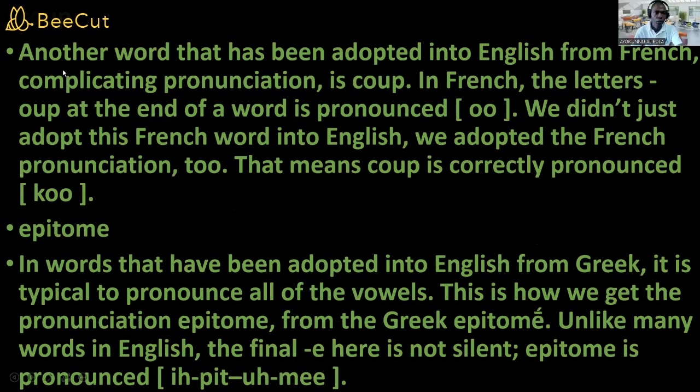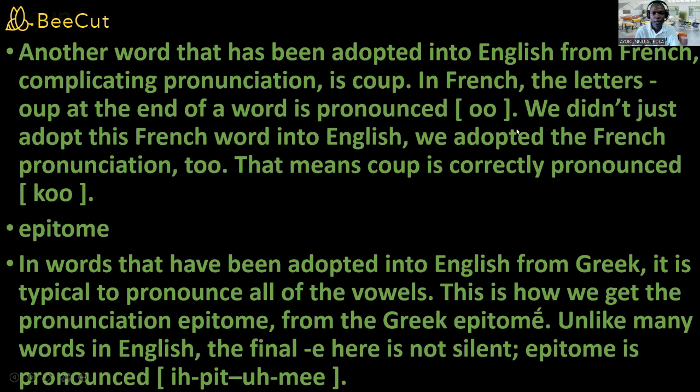Yeah. Another word that has been adopted into English from French, complicating pronunciation, is coup. In French, the letters OUP at the end of a word are pronounced coo, like in merci beaucoup, the French way of saying thanks.